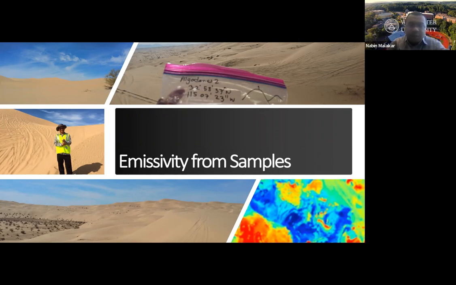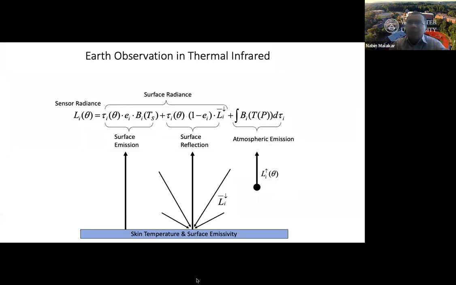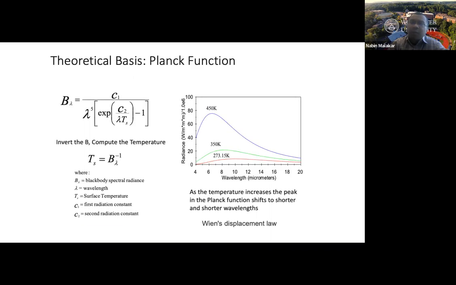Now, this is a basic physics problem, and once you figure that out, you need to figure out the atmospheric component, the atmospheric constituents. Think of this like A plus B minus C, where if you can figure out the surface emission part, the surface reflection part, and the atmospheric emission part, then you can use the black body radiation, thanks to Planck, a 100-year-old, 120-year-old formula, and you can figure out the temperature of the Earth.